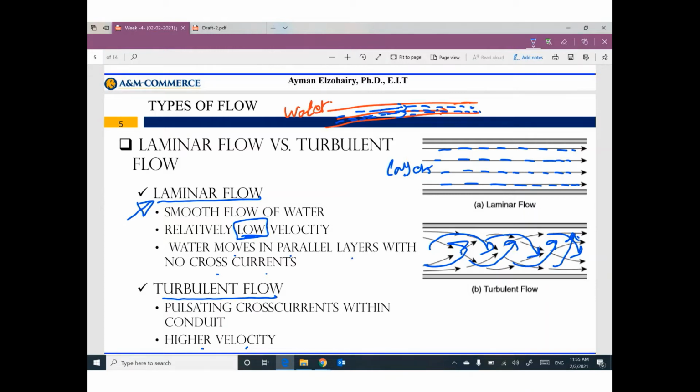So I believe if the velocity in this hose is small, is slow, we can expect smooth flow. But if the velocity is very high, we can expect this type of flow, which is called turbulent flow. You can feel like a vibration or like something wrong with the hose.